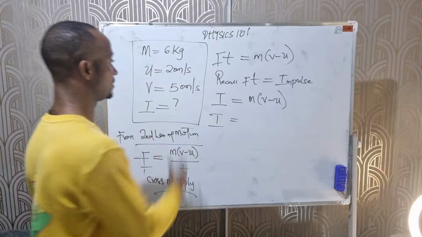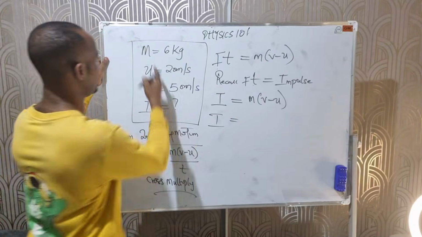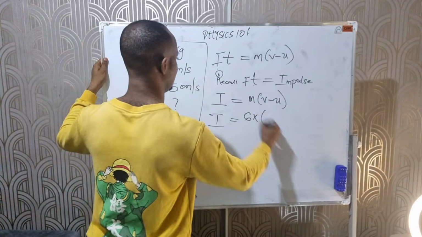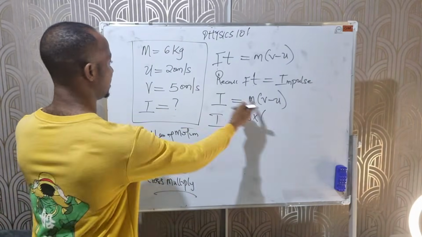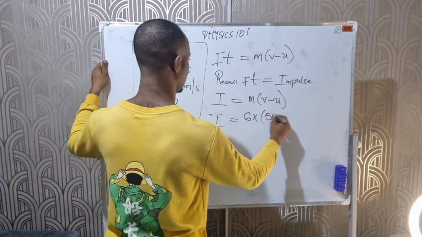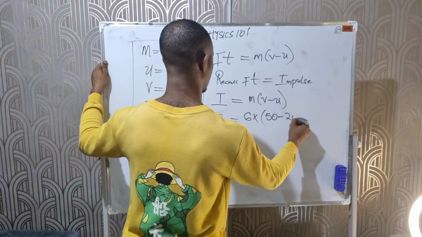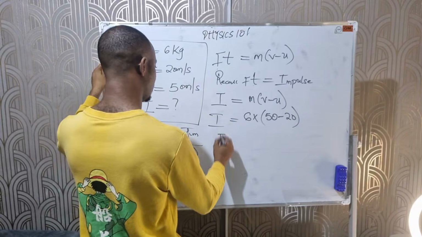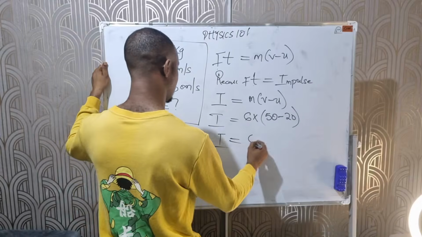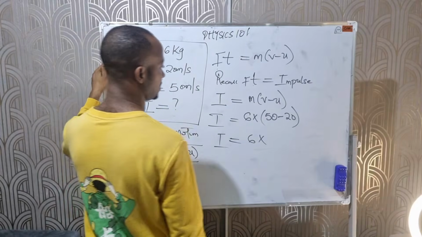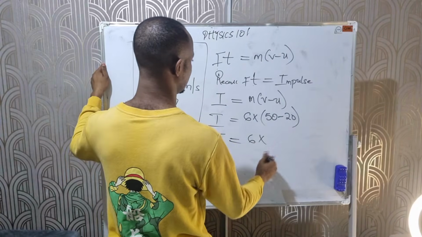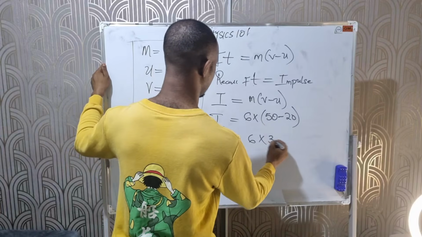Now we have all the parameters. Our mass is given as 6, times our final speed 50 minus 20. So our impulse becomes 6 times (50 minus 20), that will give us 30.